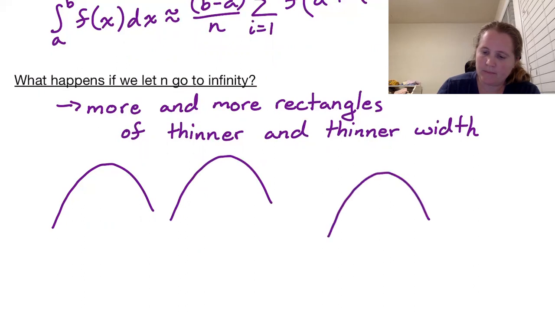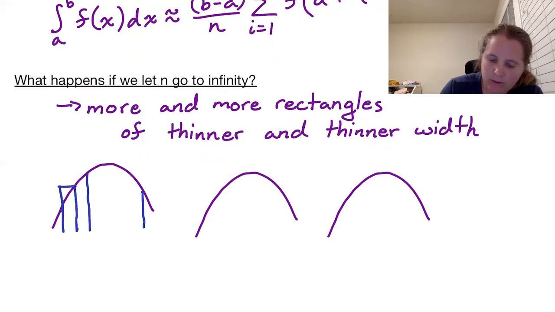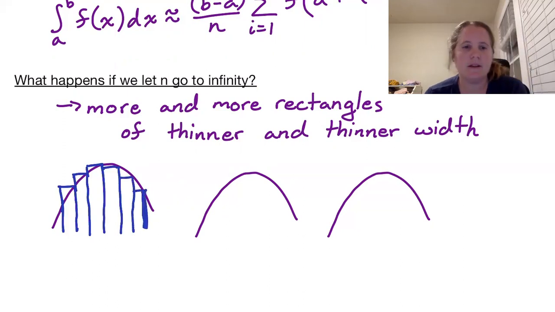So if we think of breaking these into a series of rectangles, maybe going from here to here, I'm going to use the right-hand rule because it's easier. So if I use the right-hand rule, these rectangles, we have some overestimating, some underestimating. They're not perfect. The area is not going to be exactly what we are looking for.